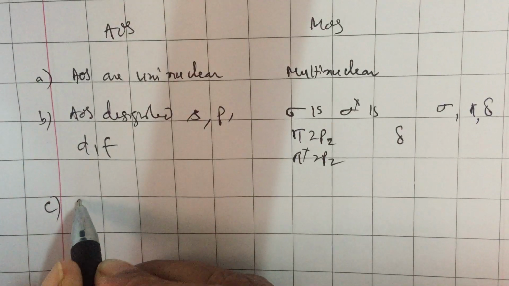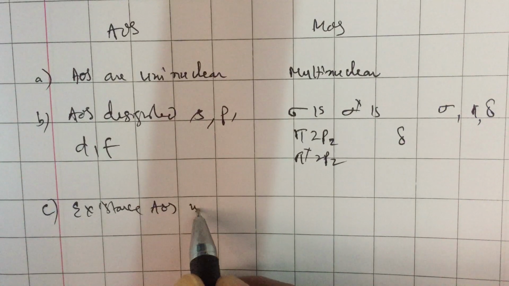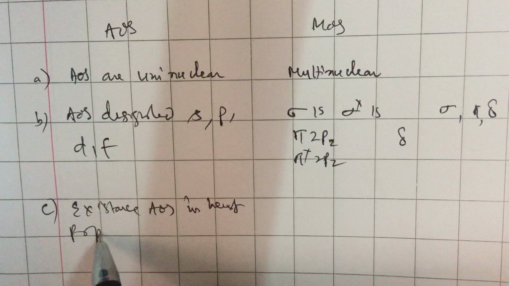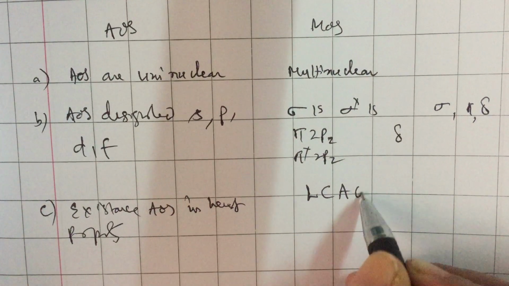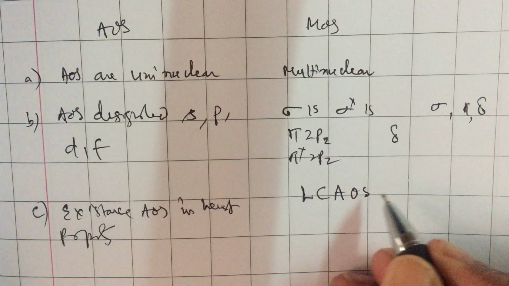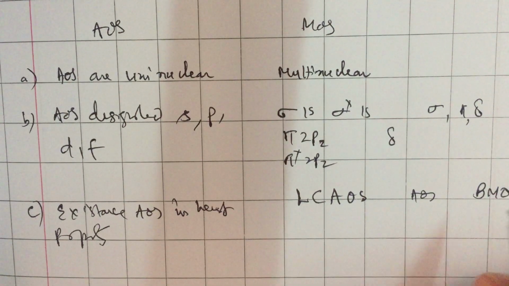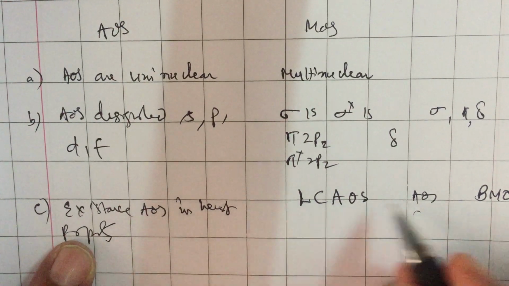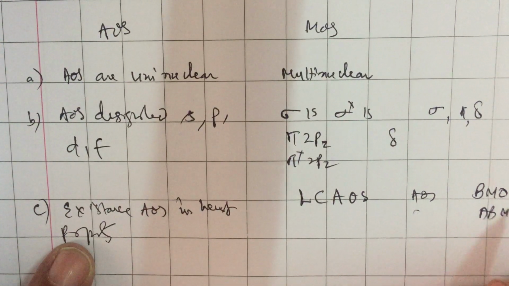And existence of AOs is an inherent property of atoms, whereas molecular orbitals are formed by linear combination of atomic orbitals, where the in-phase addition of two AOs will give BMOs, and out-of-phase interference of the electron waves of orbitals will give anti-bonding molecular orbitals.